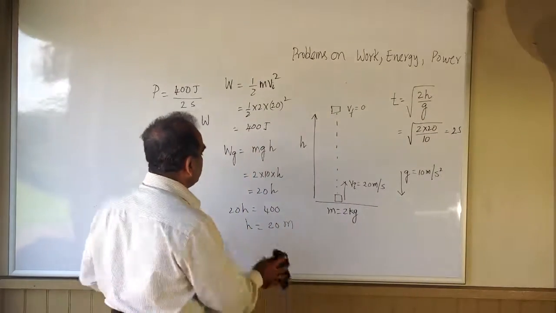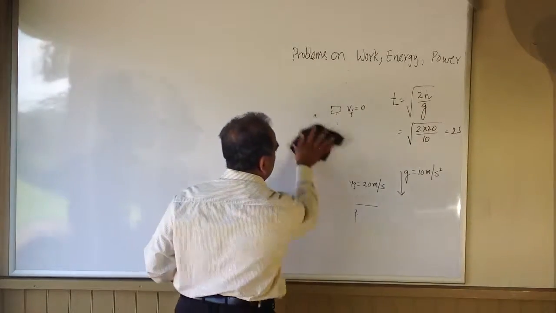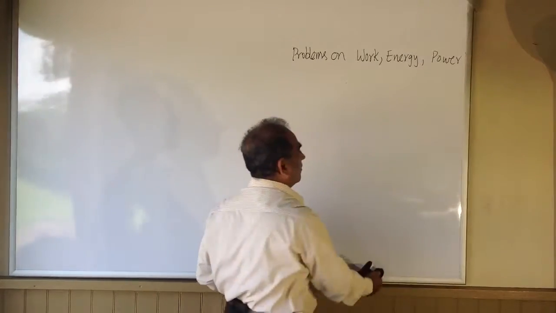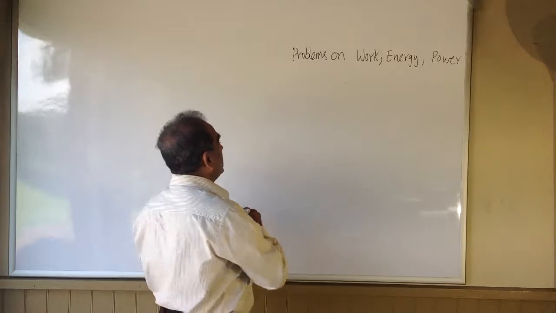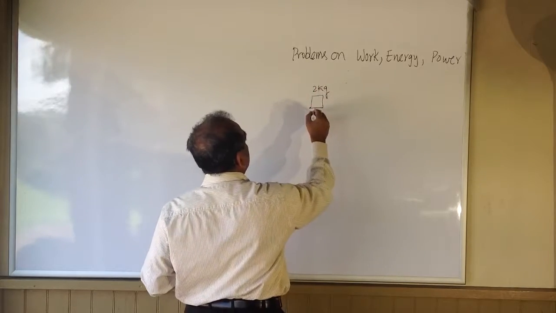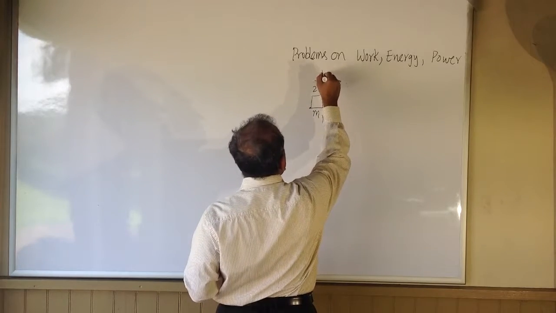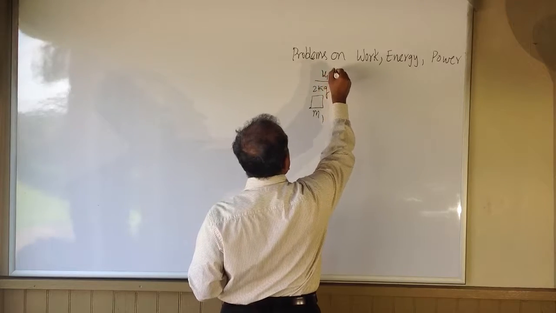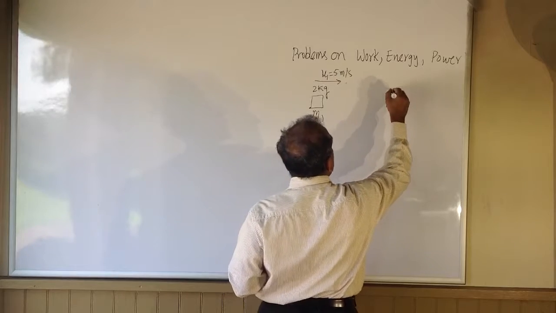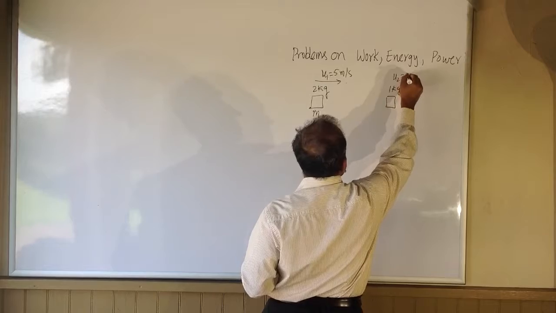So let's see another simple example. Let's say a mass of 2 kilograms, let's call it m1, moving with an initial velocity u1 equal to 5 meters per second, strikes another mass of 1 kilogram, which is at rest initially, u2 equal to 0.